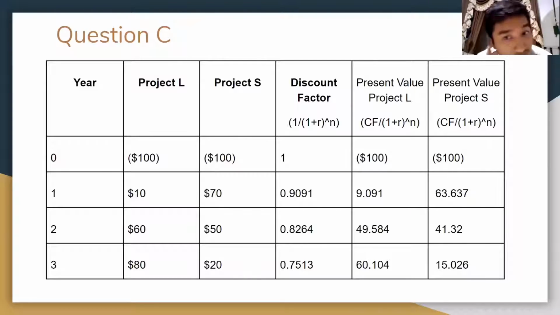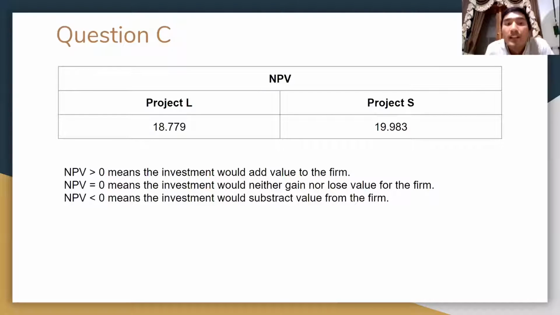Here is the data. The formula for present value is cash flow divided by 1 plus the interest rate to the power of N. After we know the present value, we can calculate net present value by adding all present values.